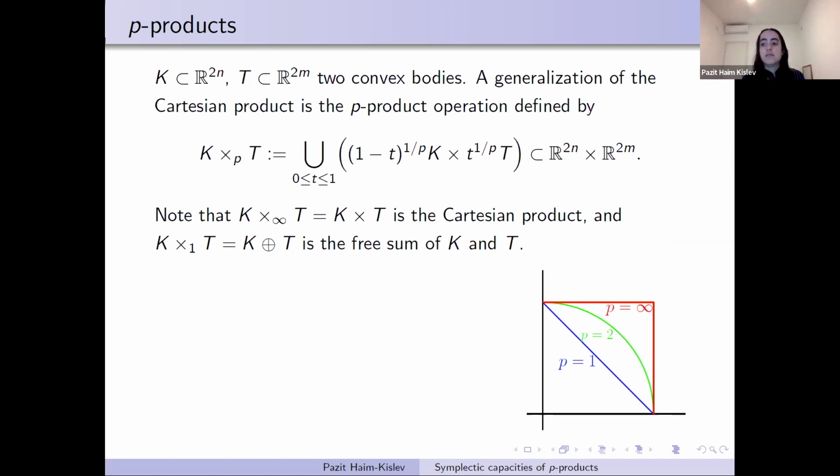So we have a sequence of p-products starting from this convex hull and ending in the Cartesian product. And some examples are the ellipsoids, which are 2-products of segments, and the l_p balls, which are p-sums of segments.